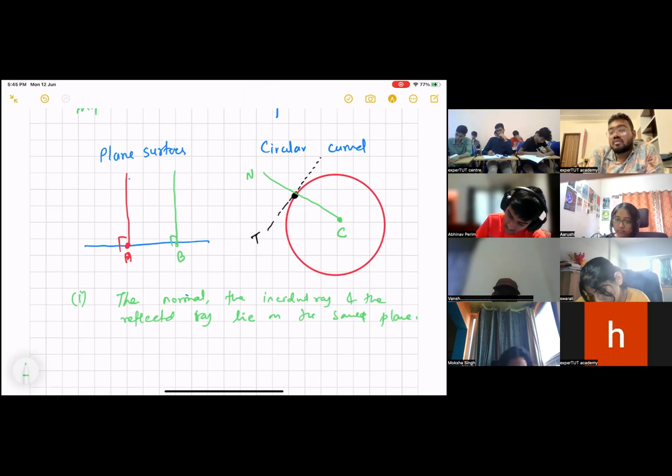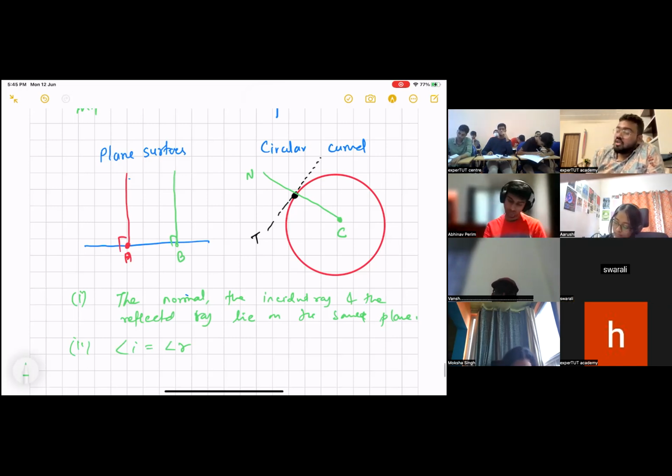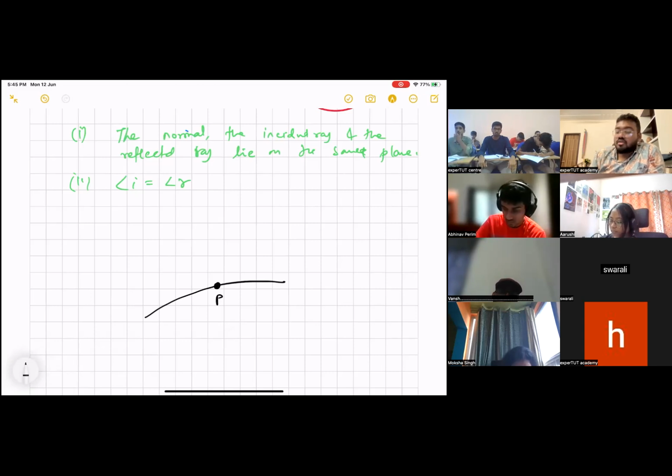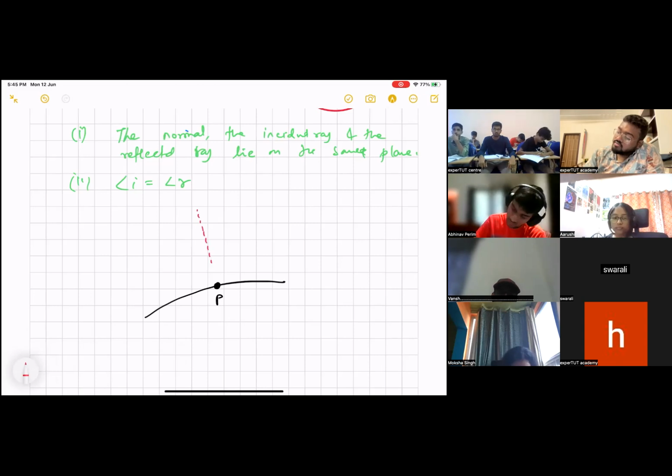Okay. And the second law is angle i equals angle r. The angle of incidence is equal to the angle of reflection. I am explaining both of them. Suppose there is a surface like this, and your incident light hits at this point P. First you make the normal at P, which will look like this.